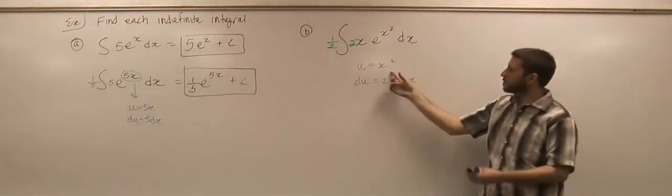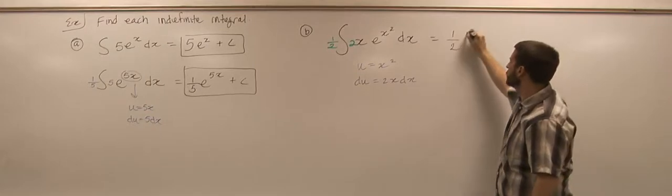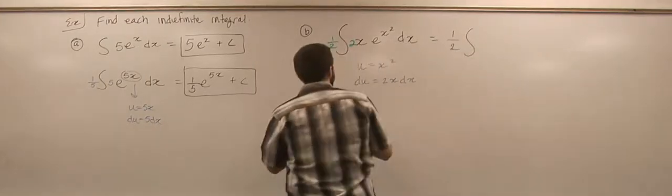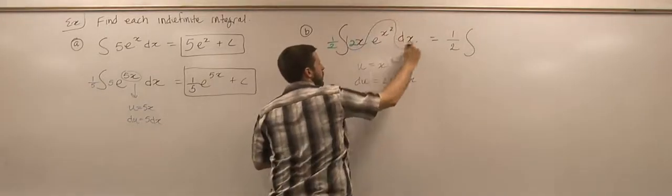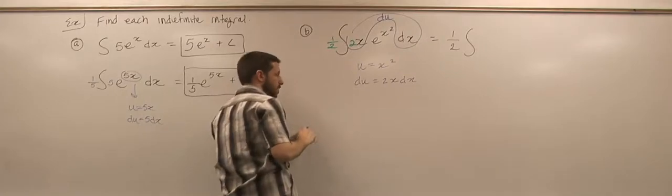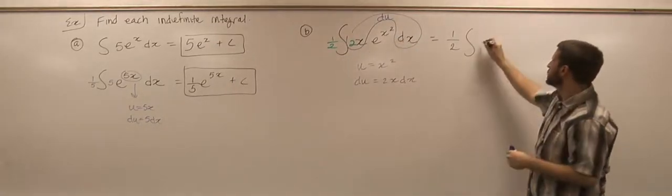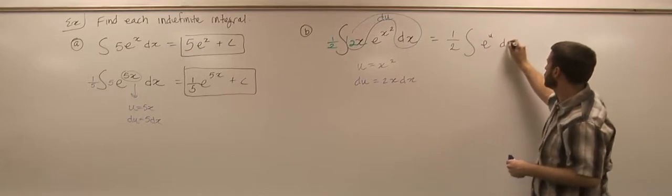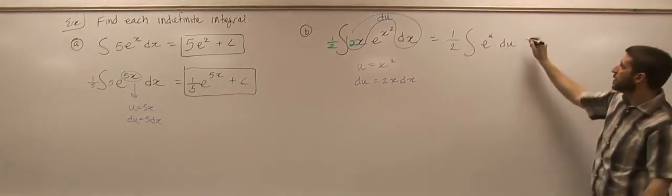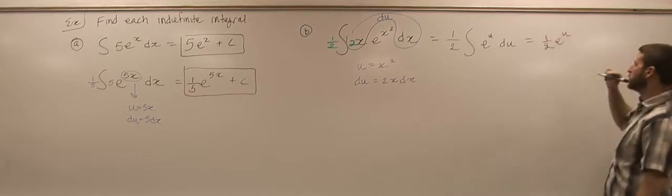Right, so with this u substitution, your integral becomes 1/2 integral of all of this is du. And then what's left is e to the u. The integral of e to the u is e to the u.